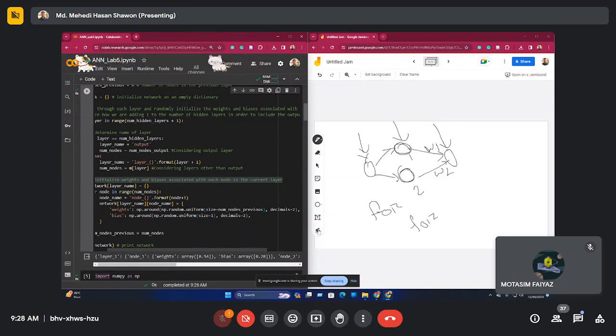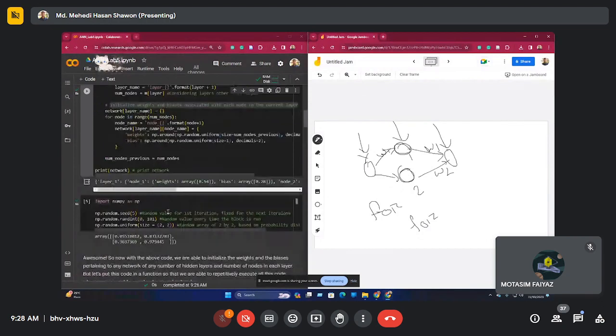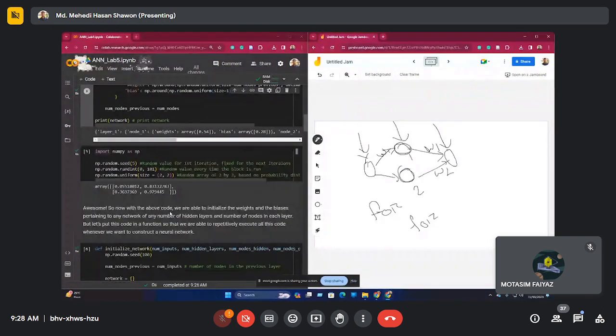So this is the way, using this code, we can do what I was saying a little earlier: we have to provide some weights and bias for each neuron. We just have done that in this code. Do you understand, everyone? Yes, sir.